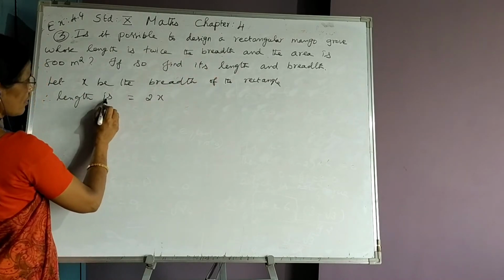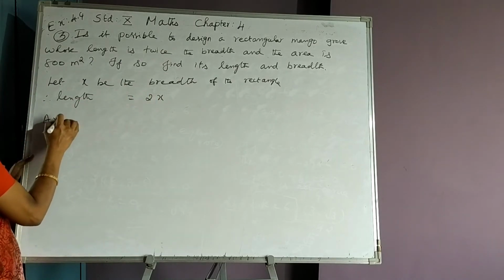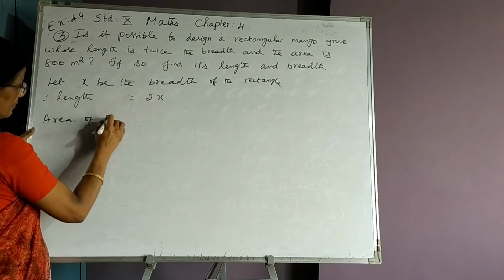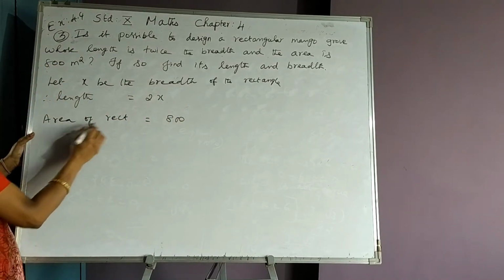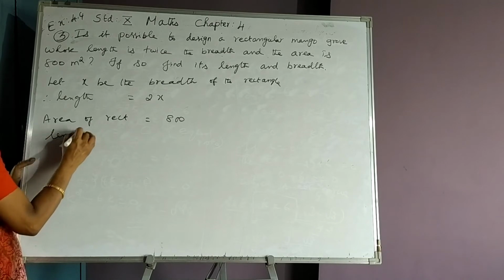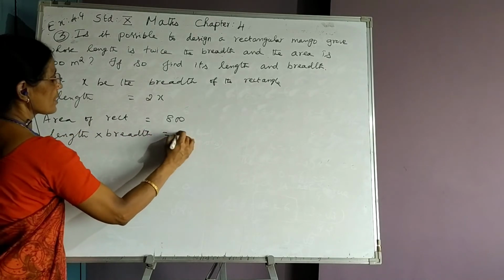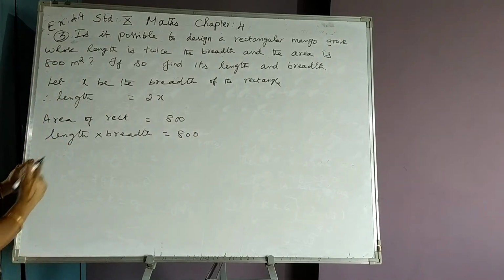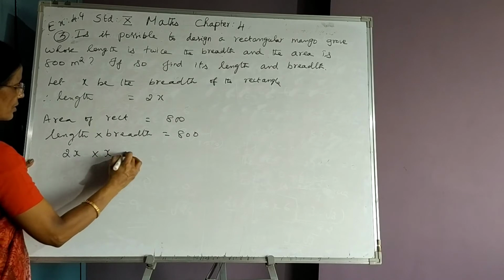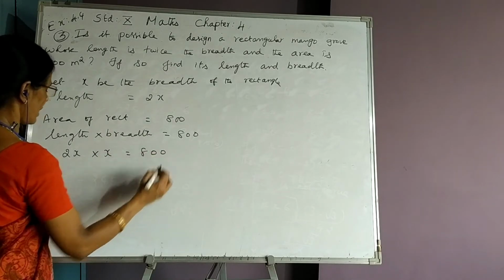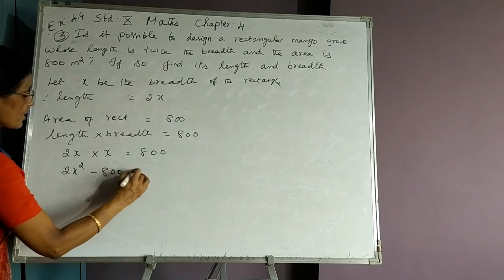The area of the rectangle is 800 square meters. We know the formula: length into breadth is equal to area. We have taken length as 2x and breadth as x, so 2x² = 800. So 2x² minus 800 equal to 0.